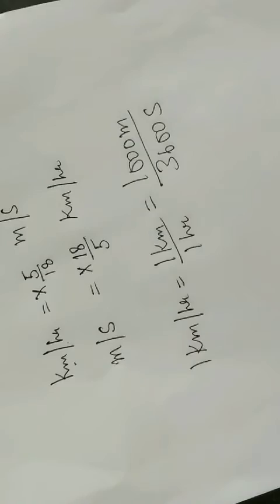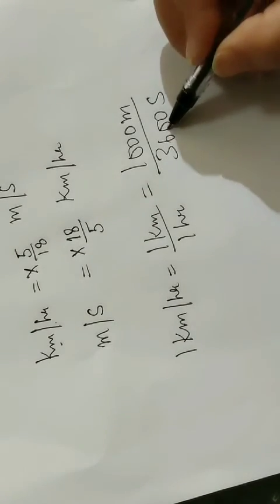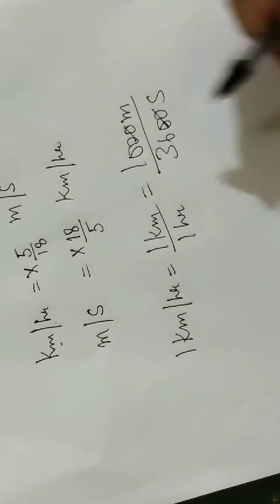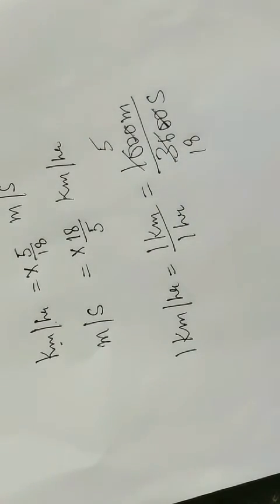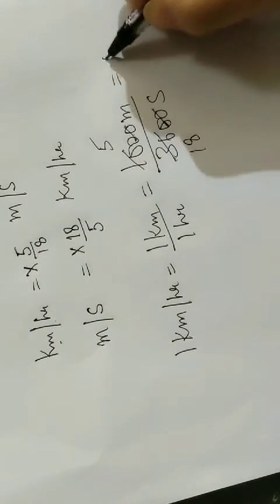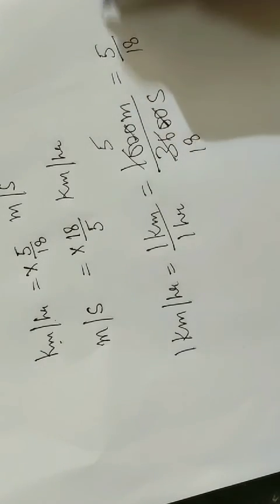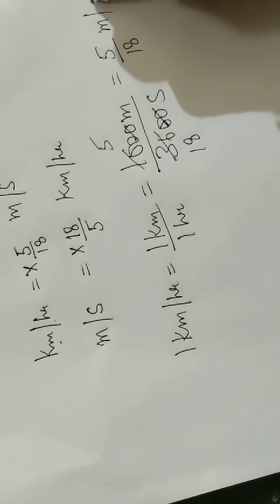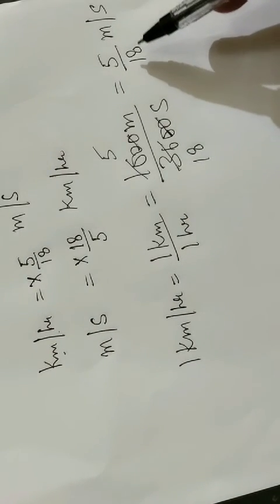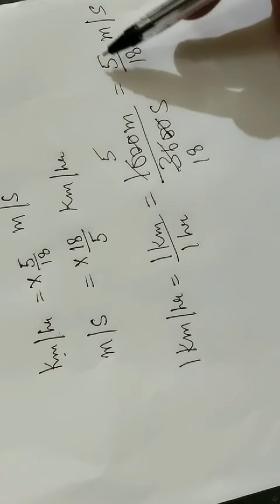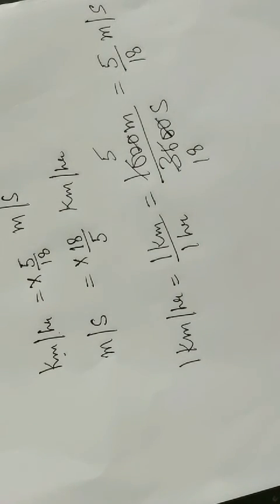Now, if we solve it, these two zeros will be cancelled. 2 5s are 10, 2 18s are 36. It comes out to be 5 divided by 18 meter per second. So just avoid this calculation. You can simply multiply the given number with 5 upon 18.